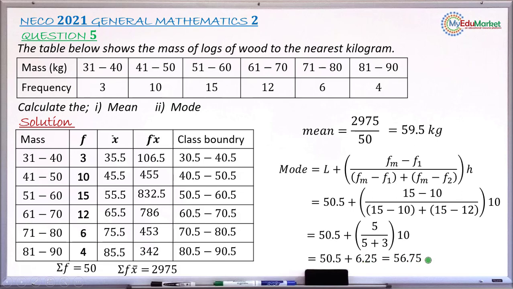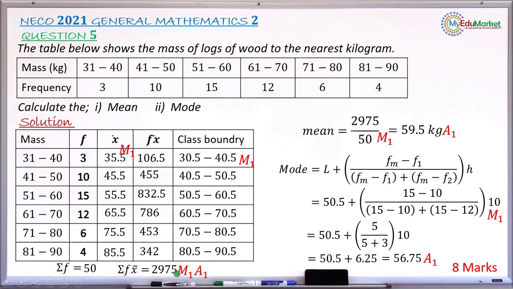So with this, we have answered this question. Let me quickly share with you the mark distribution for this question as it is in the marking scheme. The first mark is a method 1 mark for your correct method of getting the class mid value. Next mark is the summation of your fx bar.